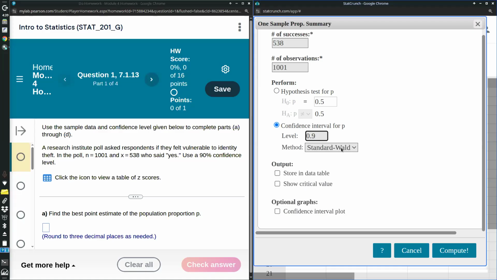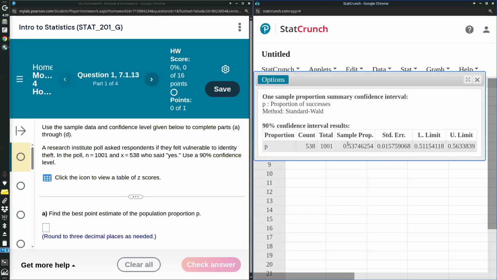So you went to StatCrunch and one sample prop summary? So proportion stats and then one sample. There will be some 2 samples toward the end of the homework. And then we compute. And it gives us our sample proportion. And then the confidence interval is the lower limit and upper limit.